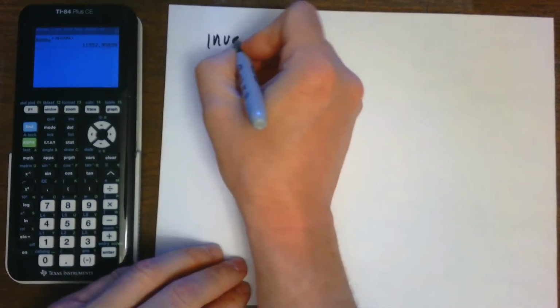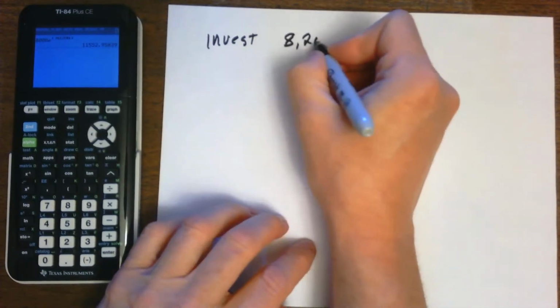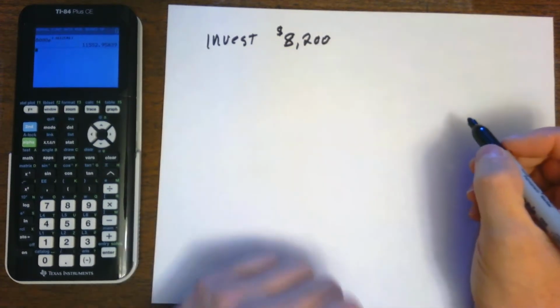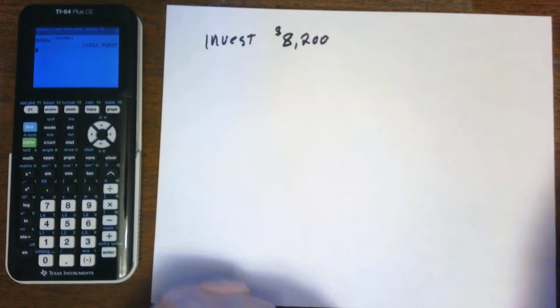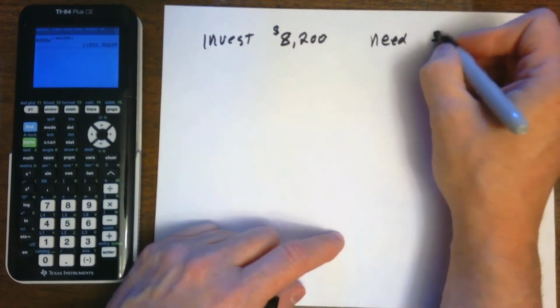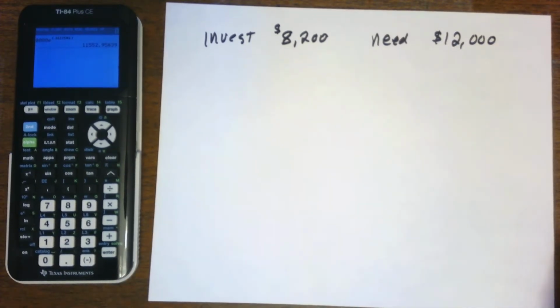Suppose in this next example, I'm going to invest some money, but I want to get a very specific amount. So I'm going to invest $8,200. I go to the bank. I've got $8,200. I'm going to put it away. I've been saving to buy a house, and I'm going to invest that, and I need $12,000 for a down payment on a house.